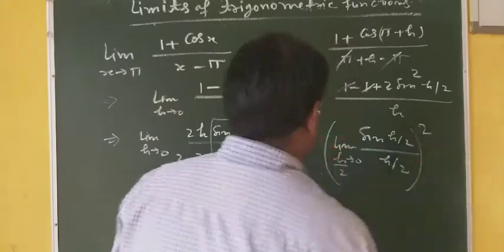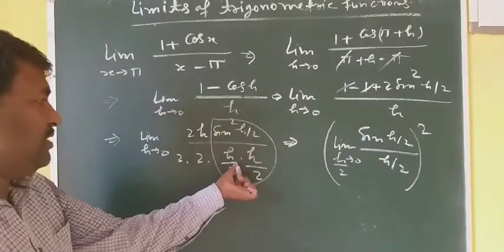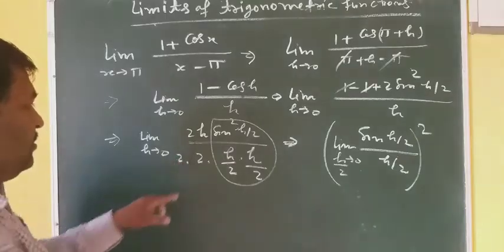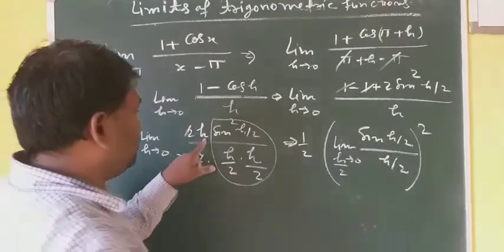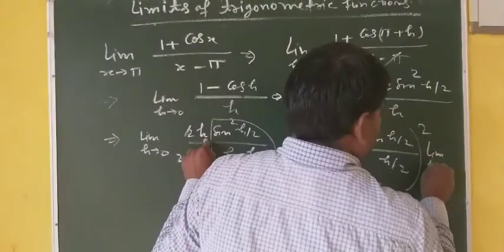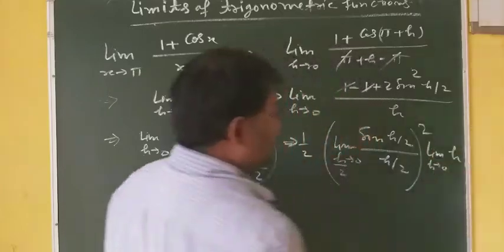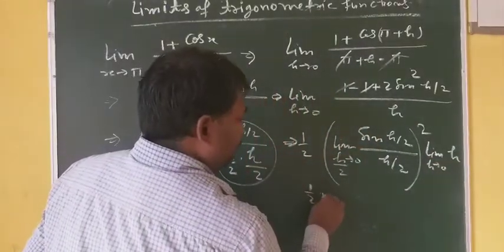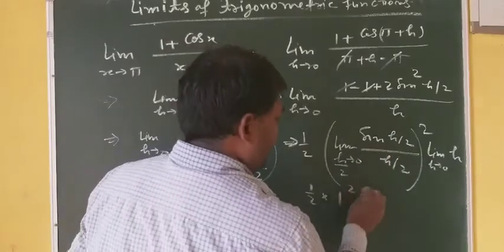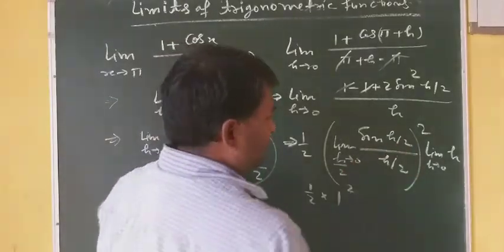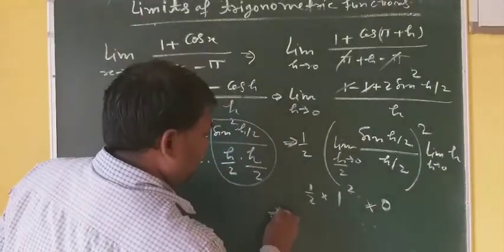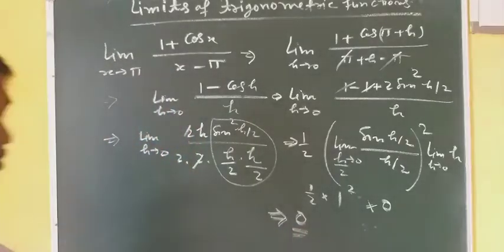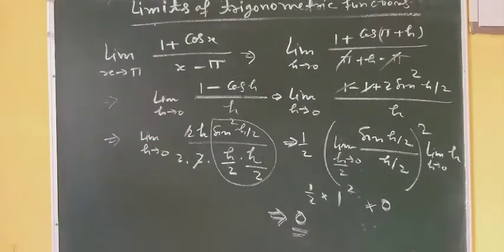Here the 2 and 2 cancel out, outside 1 by 2, and then limit h tends to 0 into h. So this is 1 by 2 into 1 square, which is 1, and h tends to 0 into 0, this whole will become 0. In this way your answer is 0.